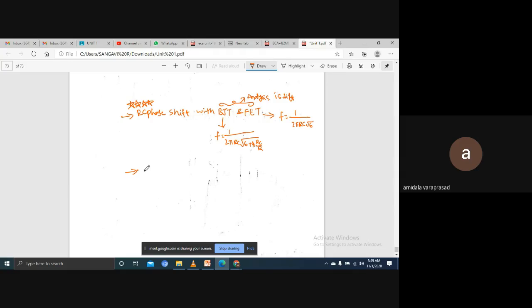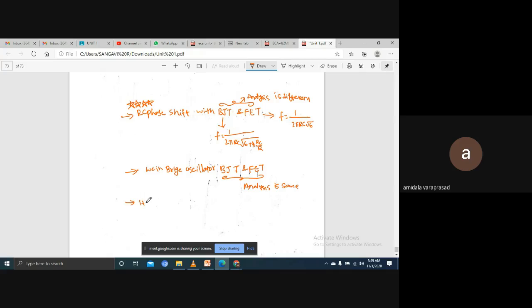And here the Wien bridge oscillator with BJT and FET: the circuits are different, but the analysis is the same. Here, in the RC phase shift, the analysis is different. For the Wien bridge, the analysis is the same and the circuits are different.